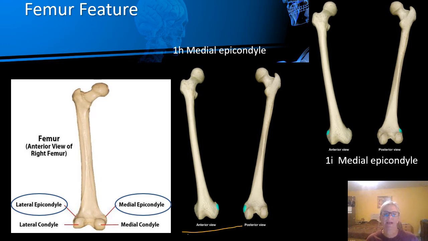Or you can just say the medial epicondyle is on the same side as the ball. That might simplify it, actually. Same side as the ball or the head of the femur. So you can always remember that the medial, towards the midline of the body, is the way that it's pointing in, which makes sense. If you rotate your view around and think about it, that's the way it's got to fit into the body.